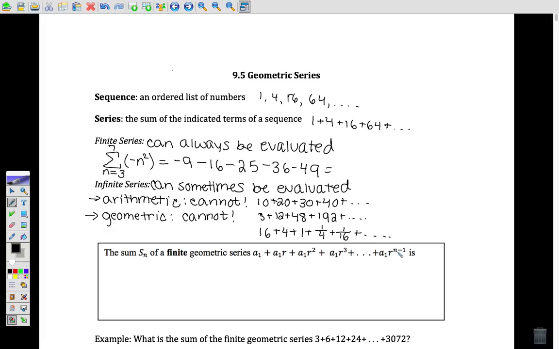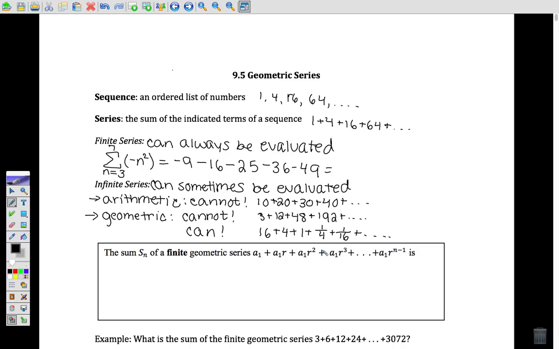You're adding these really small fractions each time, so when you get to a certain point, you're hardly adding anything. So it turns out that you can evaluate something like that when the common ratio is a fraction between 0 and 1.